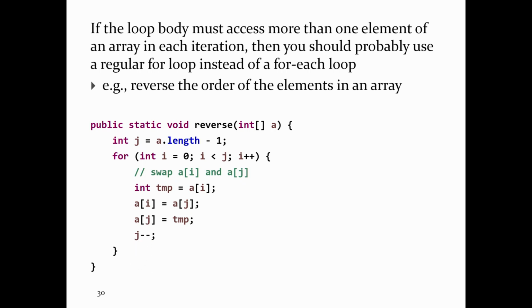The very easy mistake to make is to forget to decrement j in this case. So here you have to be careful. You have to remember, oh, I have to adjust this value j as well, because on the next iteration, I want to swap the second and second last, and then the third and the third last, and so on and so forth.